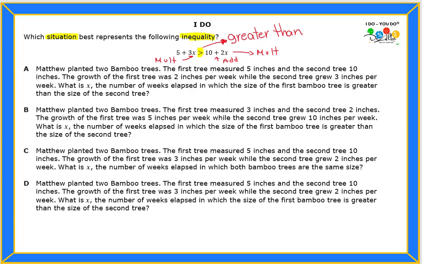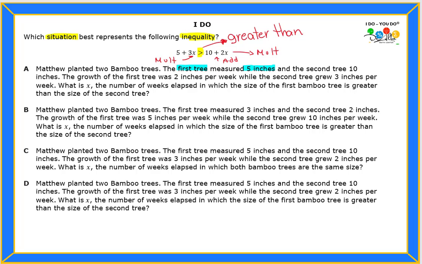So let's start with the first one, letter A. It says, Matthew planted 2 bamboo trees. The first tree measured 5 inches, so this is my first one, right? So very important that you understand who they are talking about when they say 5 inches. So these 5 inches is how tall the first bamboo was, right?